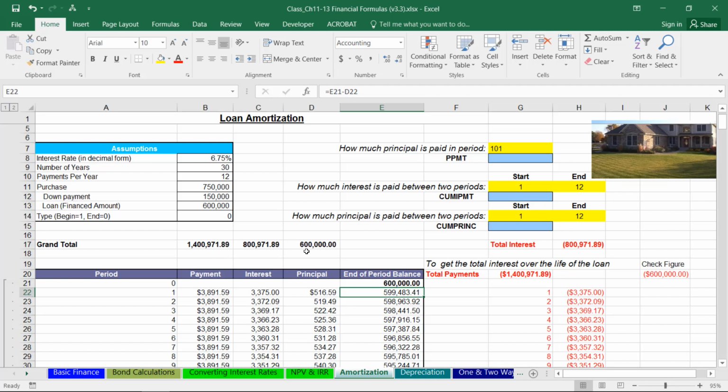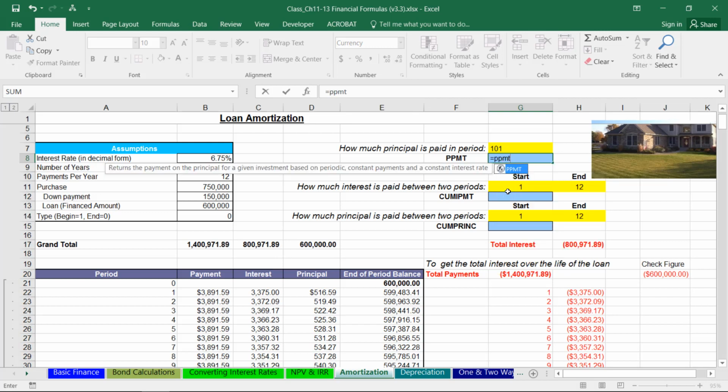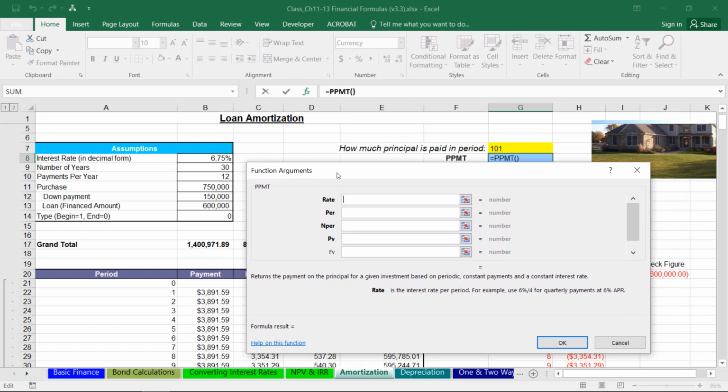Next, let's play with some other formulas that you may not be quite as familiar with. Here we have a formula that will allow us to say how much principal is paid in any given period. So I've put a period up here. How much principal will we be paying in that particular period? Equals PPMT. And let's take a look at this. So the rate is the interest rate divided by the number of months.